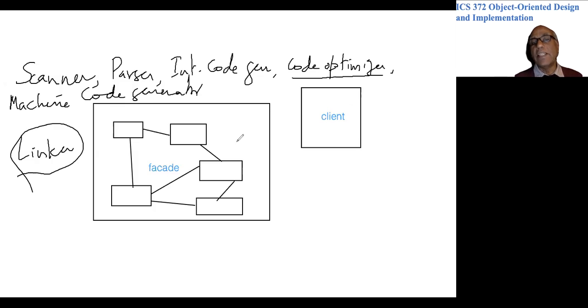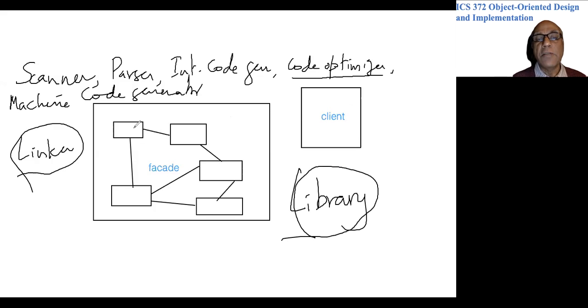Similarly here, the library class that we have in our design this week, that is a facade because it contains a number of components like a catalog, the member list class, member class, book, and so on. So there are a number of different classes and their corresponding objects that make up the functionality of the library system.